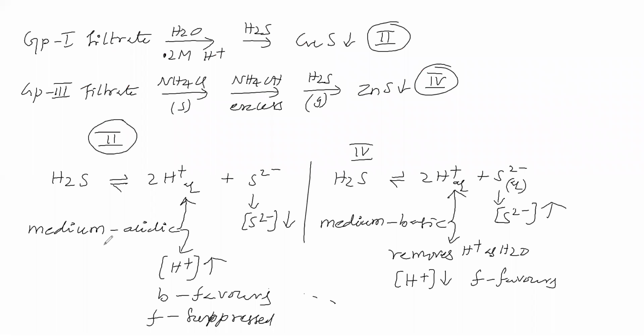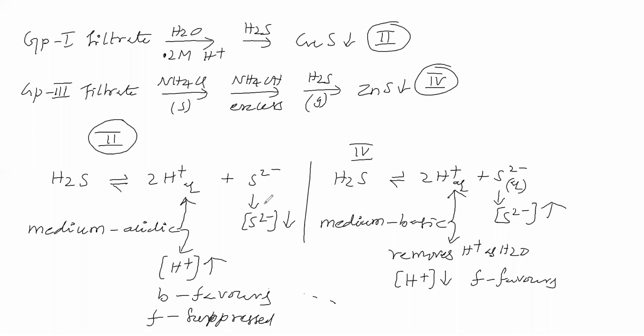If we provide acidic medium, the concentration of sulfide will be low, because the medium increases the H+ concentration. Therefore, in this equilibrium, backward is favored and forward is suppressed, in the sense that the concentration of sulfide will be lower.